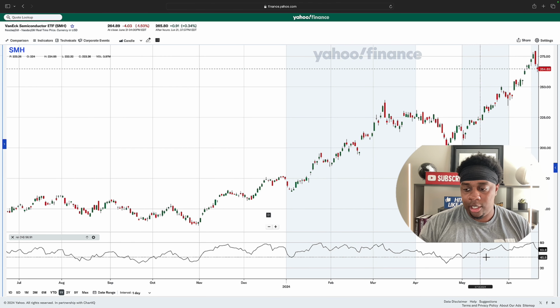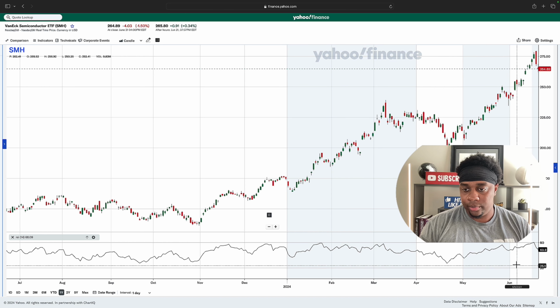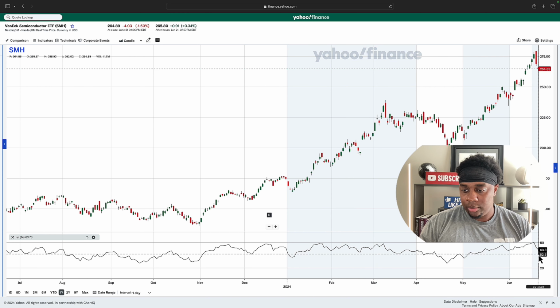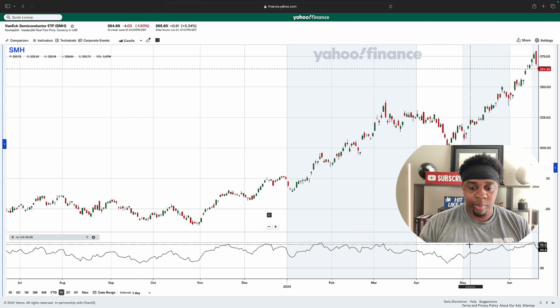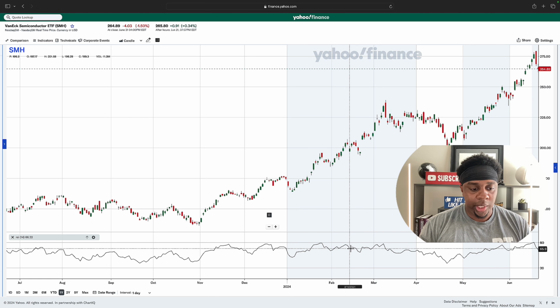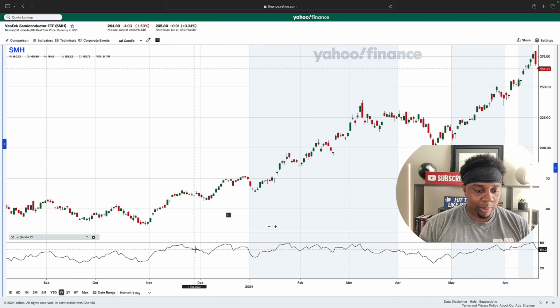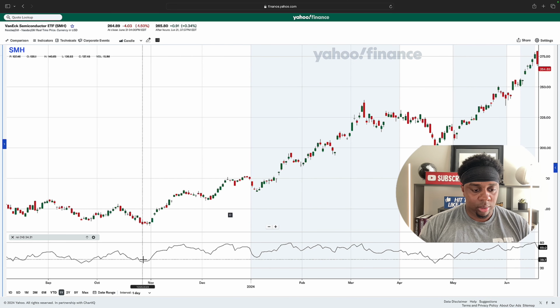And this is what I'm talking about down here on the right. You see currently from the current close, we're sitting at 63. So we're still relatively high, but if you look at SMH as a whole, it really hadn't dropped, especially in the past year, to crazy levels.